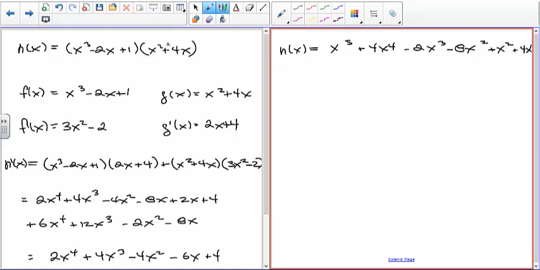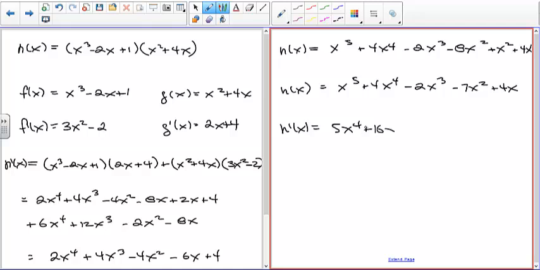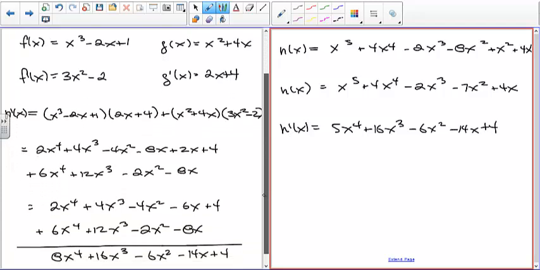This times that and that. Okay, got two terms to add together. Okay, so that's h of x. And if we take the derivative of that, we'll get 5x to the fourth plus 16x cubed minus 6x squared minus 14x plus 4. Drum roll.